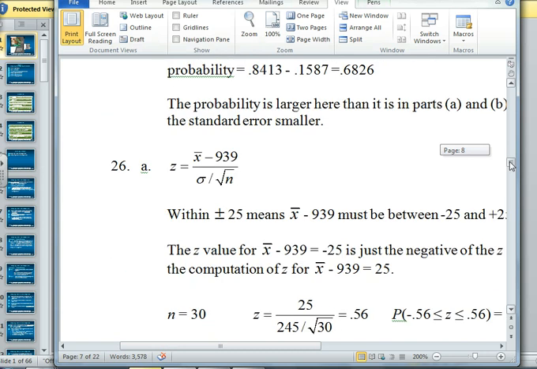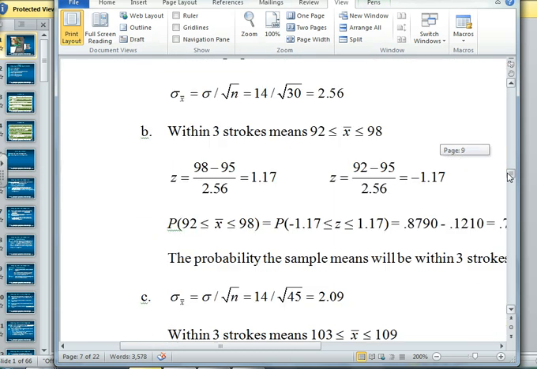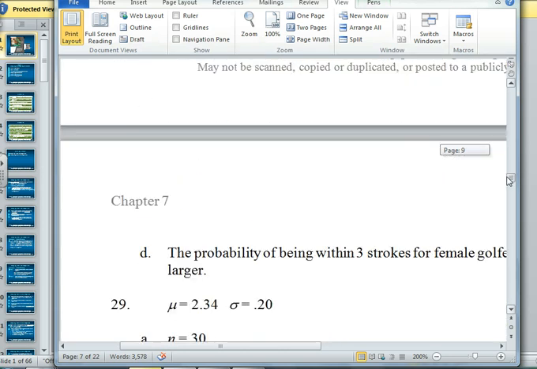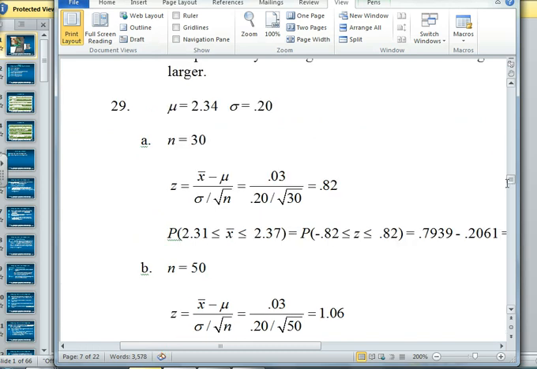Yeah, I thought that. 8.2. Oh. 0.3. 0.03.